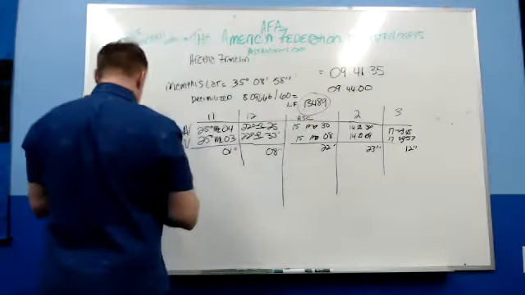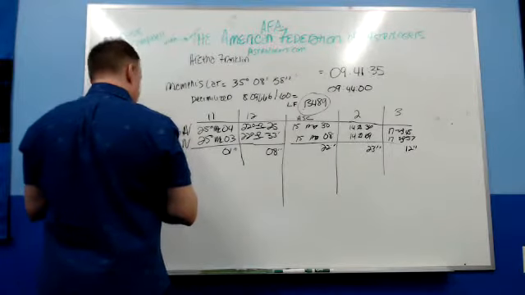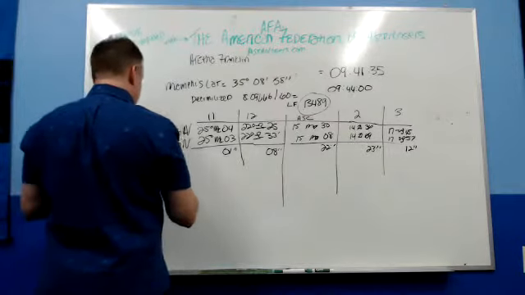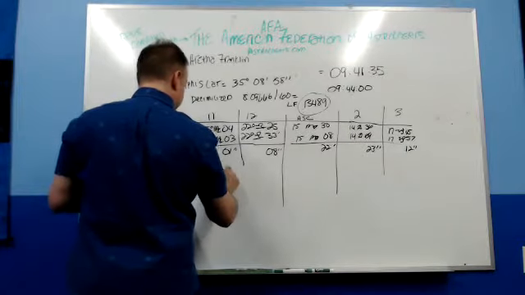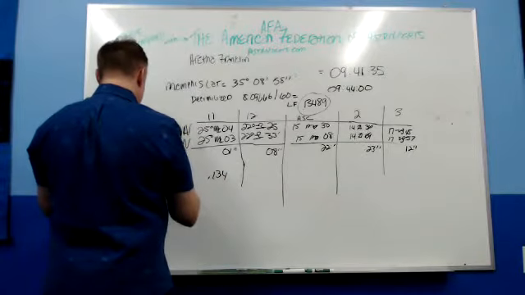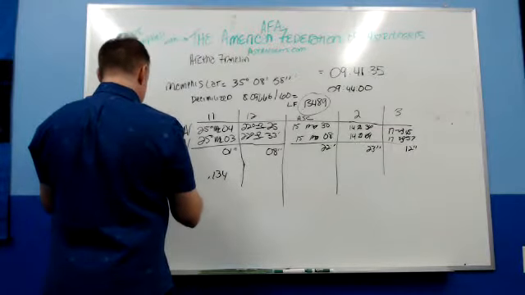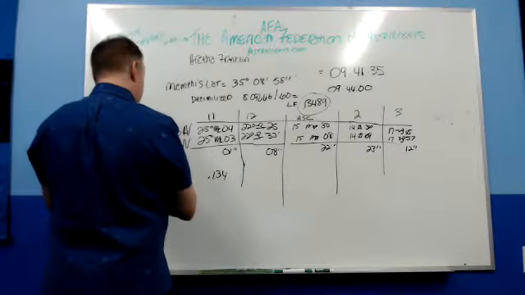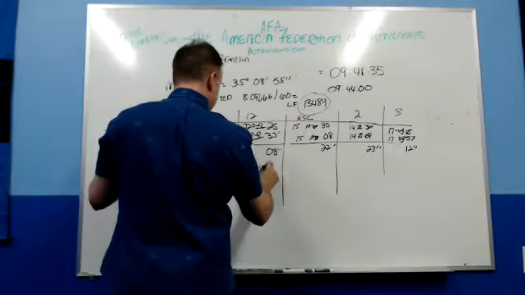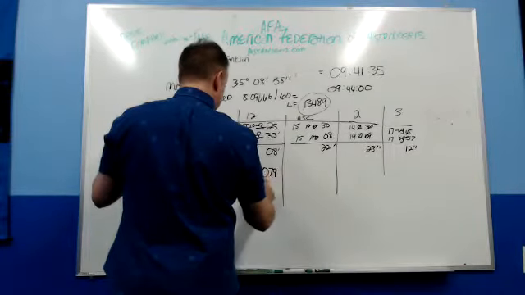So this one will be 0.13489 times 1 is 0.134. Just get all these numbers down real quick first. 0.1349 times 8 is 1.0779, which is 1.08.